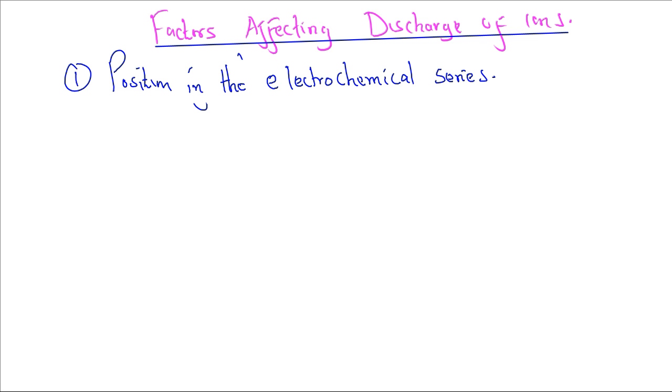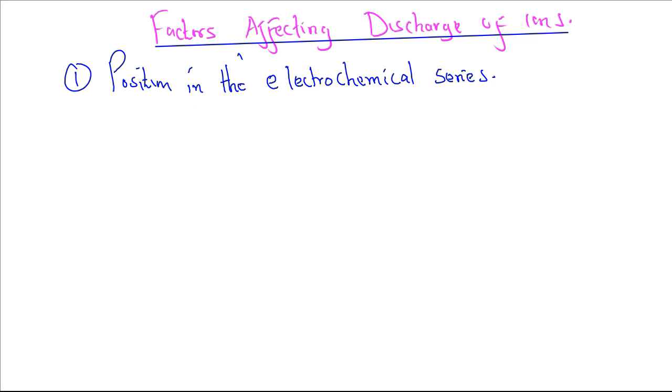That is one factor, of which if you compare the discharge of, for example, copper and hydrogen, you realize that copper is preferentially discharged to hydrogen because of its position in the electrochemical series. It is lower than hydrogen in the electrochemical series.